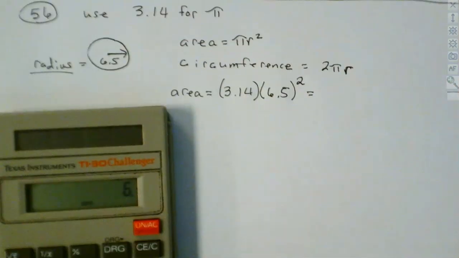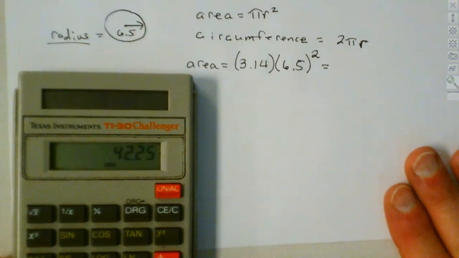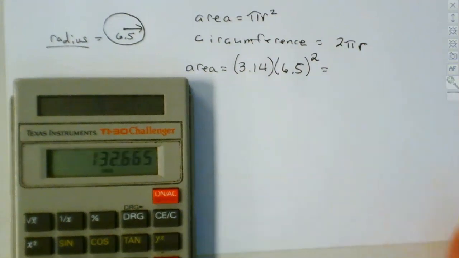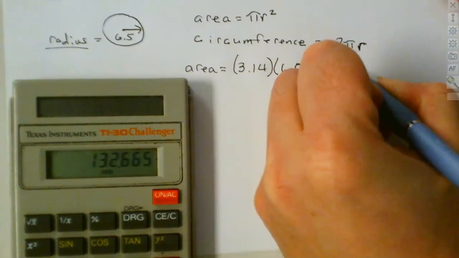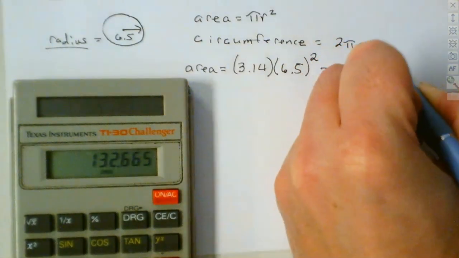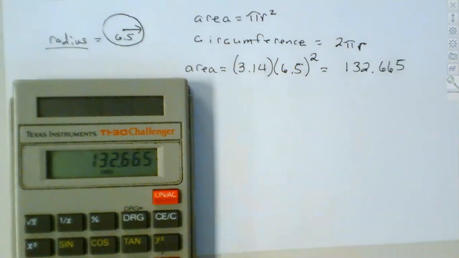So 6.5, I'm going to do my squaring first. I use a calculator. So 6.5, and I hit my square key. Okay, there's your 42.25. And then we're going to multiply that by 3.14. And that gives me now 132.665.